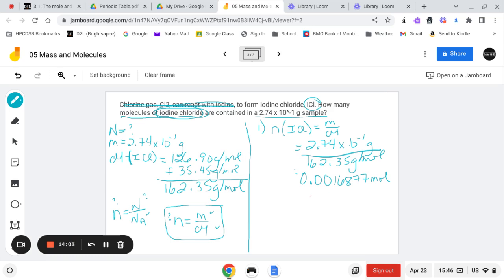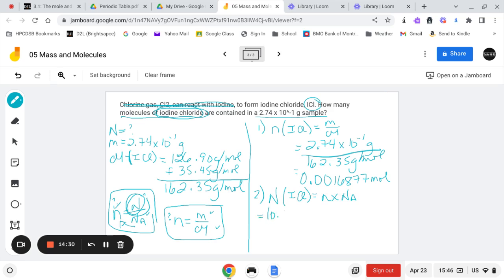We have to now come over to the second formula. I have to solve for molecules. So I'm going to take Avogadro's number and cross multiply it by my mole value, which I just calculated. Let's come back here. We're going to solve for the molecules of ICl, and we're going to take moles times Avogadro's number.